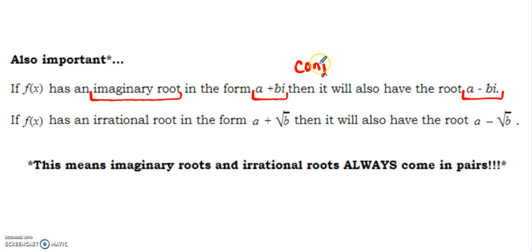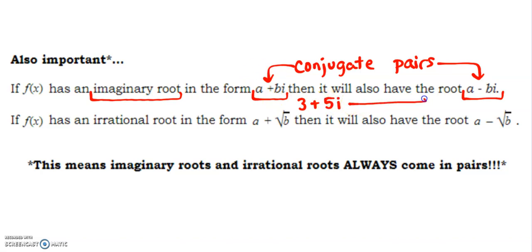Those are called conjugate pairs, and we went over that earlier. So for example, if you had something like 3 plus 5i, then you would know you have 3 minus 5i as a root as well.